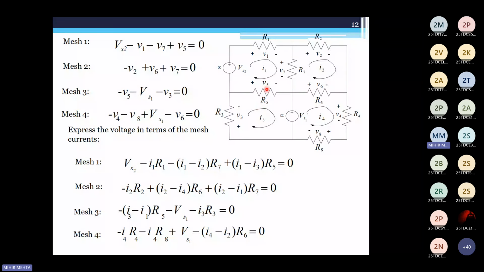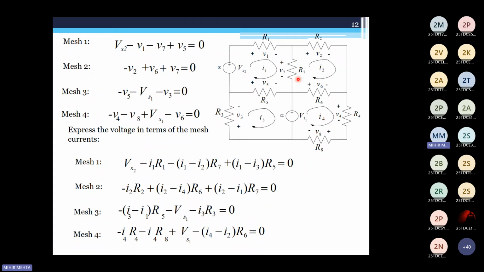Talking about the voltage drop V5, again you're writing the equation of mesh 1. So we'll take the current through V5 and the current through I3, both are in opposite directions. This would be I1 minus I3 multiplied by R5. Now, when you talk about the current through R7 for mesh 2, the voltage drop V7 would be written as I2 minus I1 multiplied by R7.